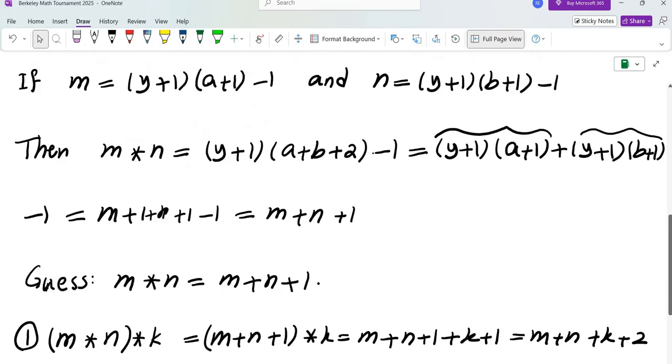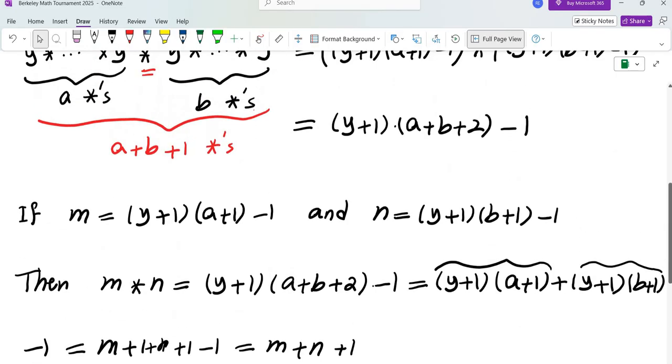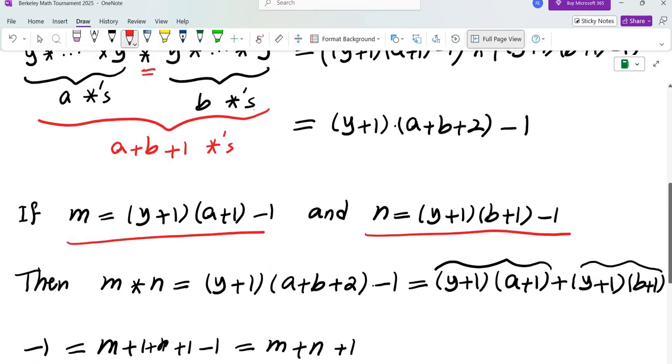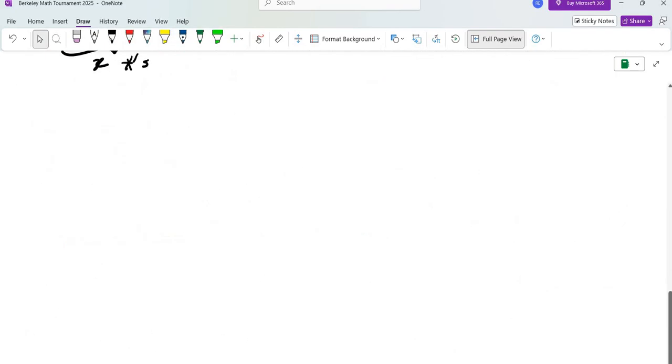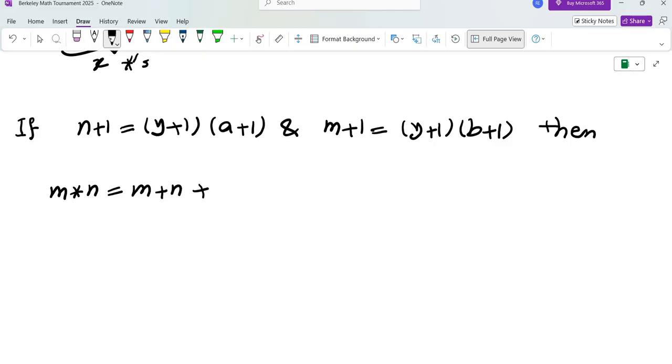Now, let's see if this in fact is the only binary operation that satisfies the two conditions. Let's see what this condition tells us. Well, here is the summary of what we did. If n plus 1 is (y plus 1) times (a plus 1), and m plus 1 is equal to (y plus 1) times (b plus 1), then we can say m star n is m plus n plus 1.